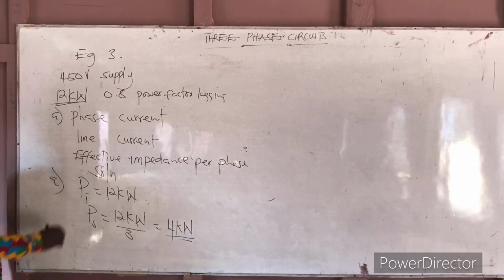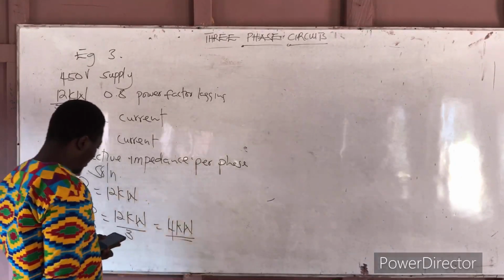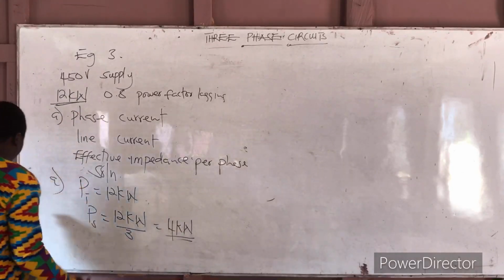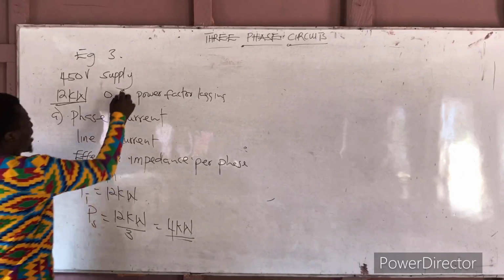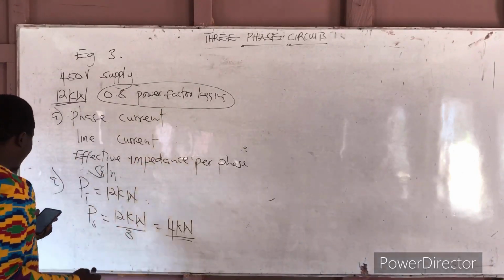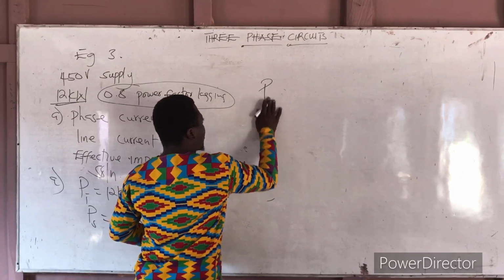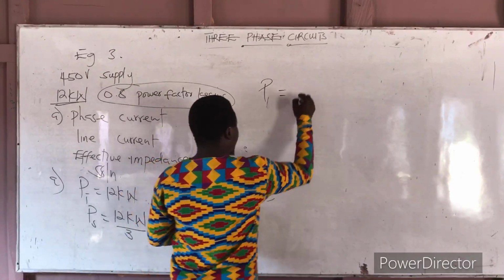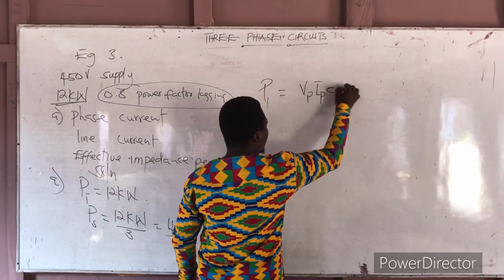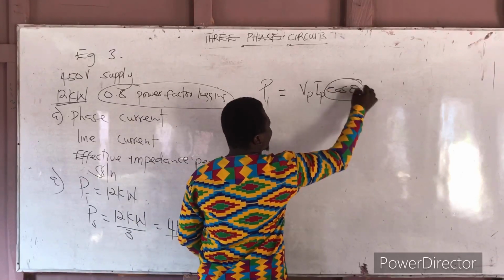So we start with A. And you learned when you are treating single phase that if total power is given to you and they have given you the power factor, always your effective power is given by VP IP cos theta, where cos theta is the power factor.